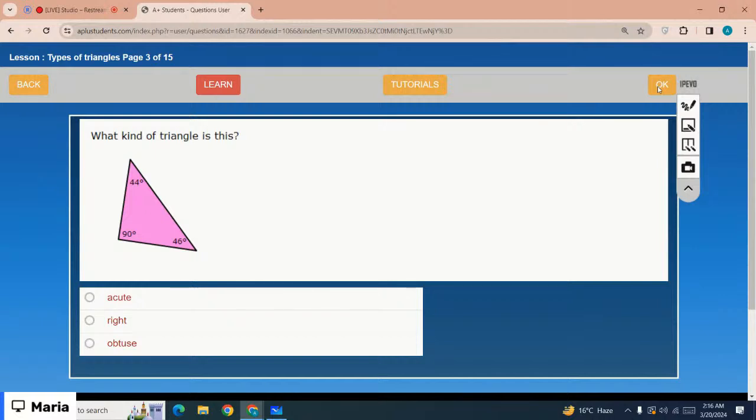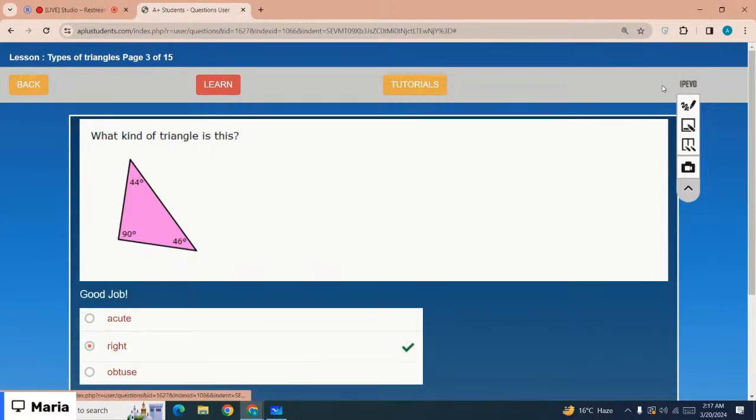The correct option is right angle triangle, because one of the angles is 90 degrees. So whenever you have an angle with a 90 degree measurement, that is a right angle triangle. Got it?